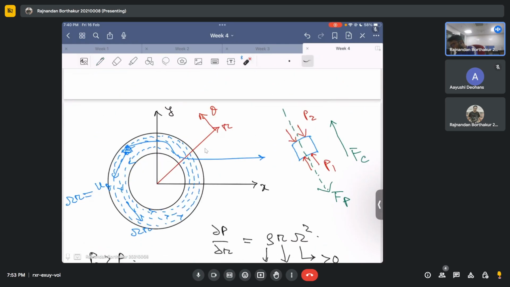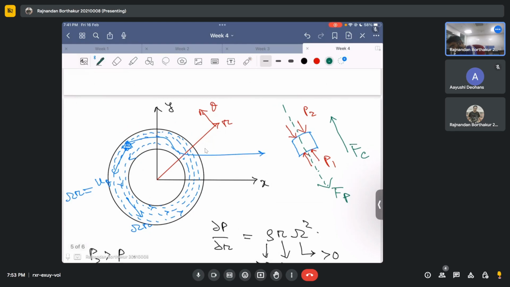If our cylinder is rotating in this direction, then u theta at this point would be omega times a, which would be something like this. I'm just drawing on this radial line. The u theta at this other point would be omega times b, and this would be larger because b is greater than a.